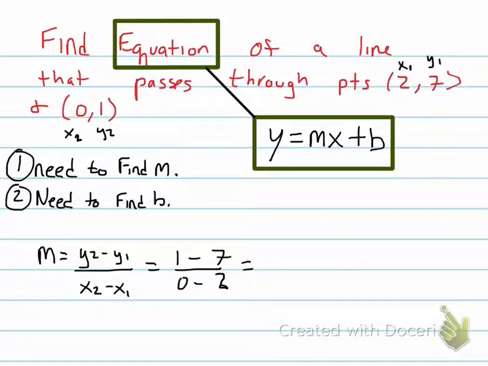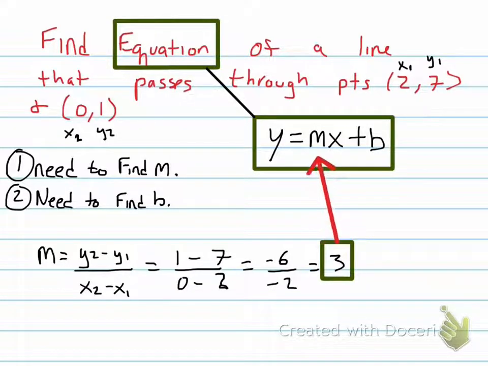So, what do we get? We get a negative 6 over a negative 2, which will equal a positive 3. So my m here is going to go in there. That's my m for this line.